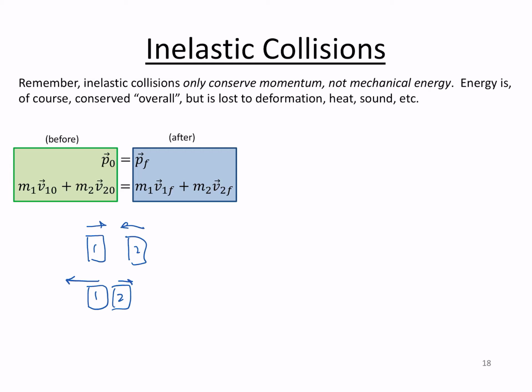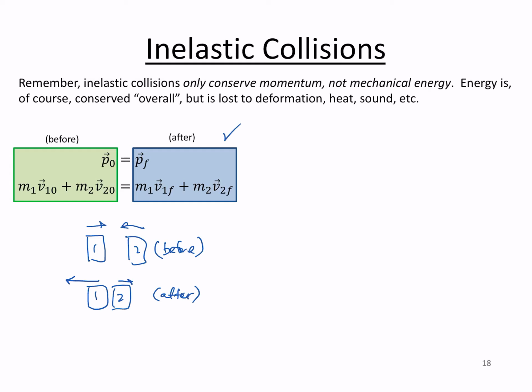And finding out which type it is is sometimes given to us, and sometimes we can ferret it out by either comparing the energy before to the energy after, or by using a relationship regarding the relative velocities of those two objects that we'll get into when we talk about elastic collisions. But for inelastic collisions, conservation of momentum only.